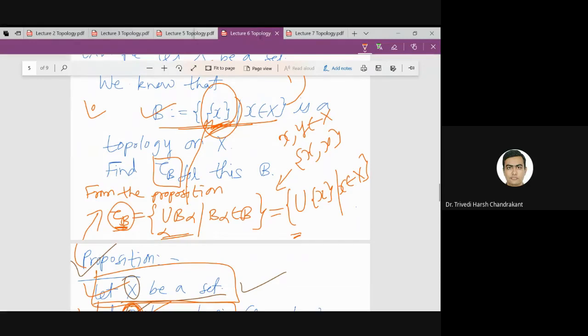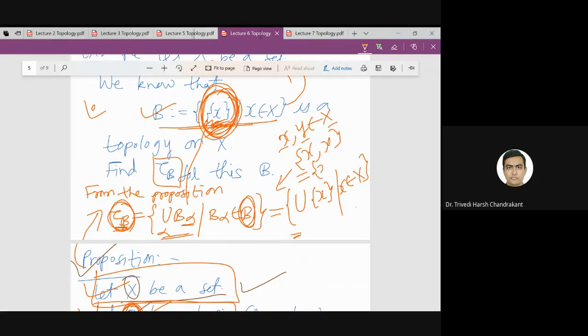if I know the basis, what is the basis? The basis is the collection of all singleton sets. In tau B, I'm going to take unions of the basis elements, meaning unions of all these elements. So what are the possible unions of such elements? If x, y belong to X, then can I write {x, y} as a union of singletons?